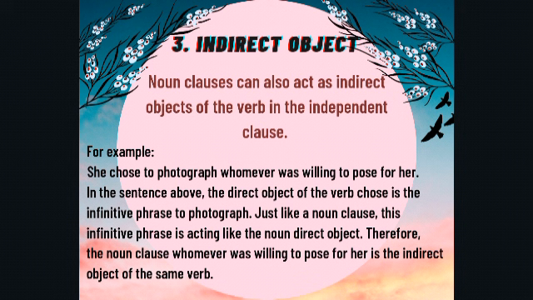Just like a noun clause, this infinitive phrase is acting like a noun, the direct object. Therefore, the noun clause "whomever was willing to pose for her" is the indirect object of the same verb.